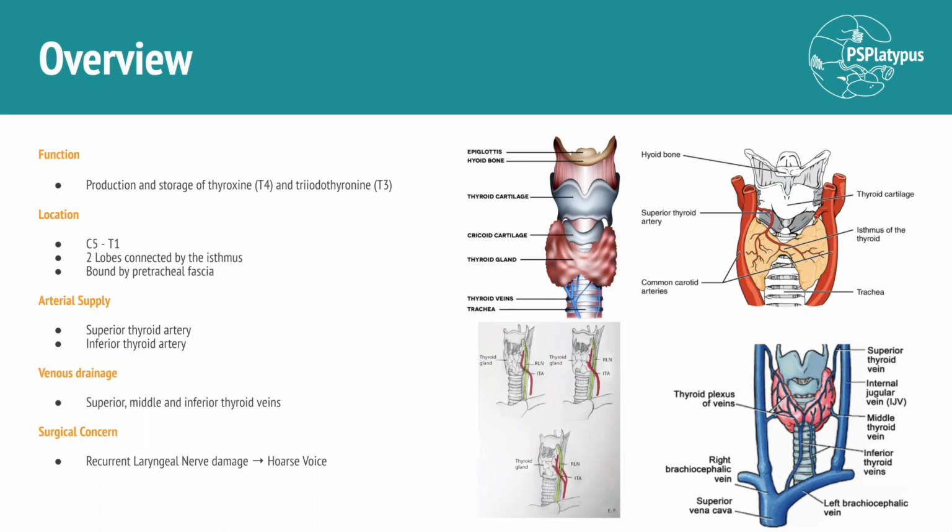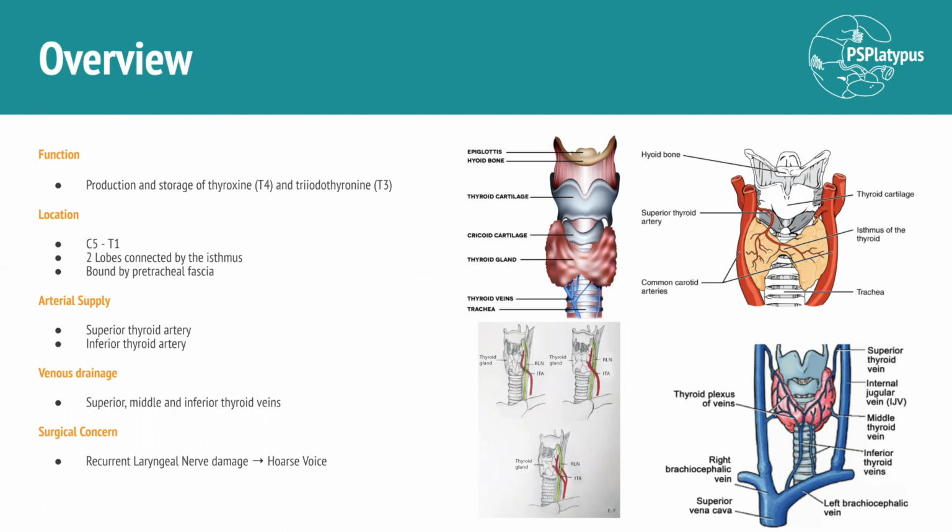The surgical concern of the thyroid gland is during a thyroidectomy in some patients who might be suffering from a hyperthyroidism condition where a removal of the thyroid gland is indicated, stating that it would improve the condition that's happening.